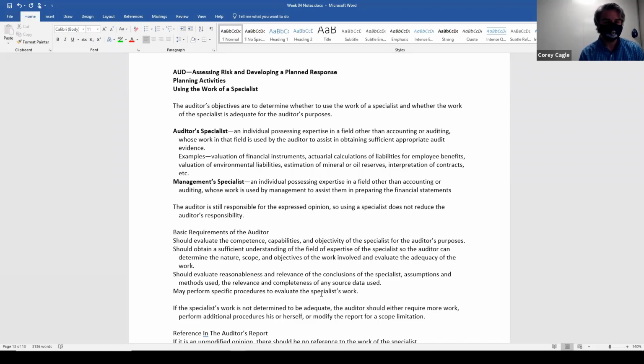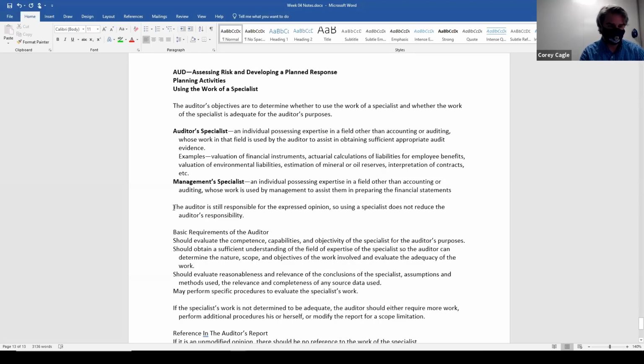So we're going to rely a little bit on what they're saying, and we're going to use what they're saying as our audit evidence regarding whatever area we're auditing. So our objective is to determine whether we need to use a specialist, and then to determine whether the work that the specialist does is adequate for our purposes.